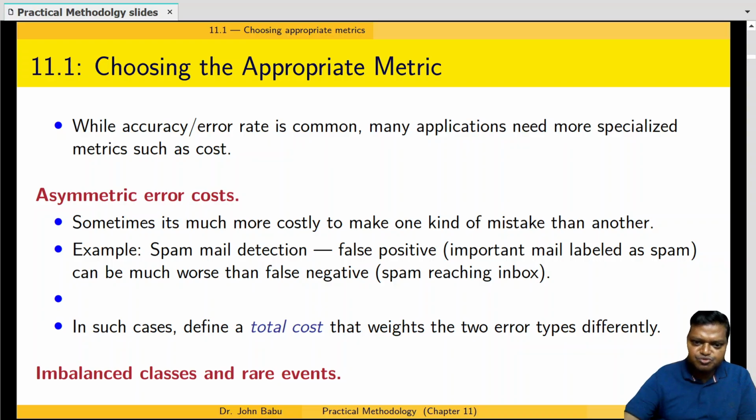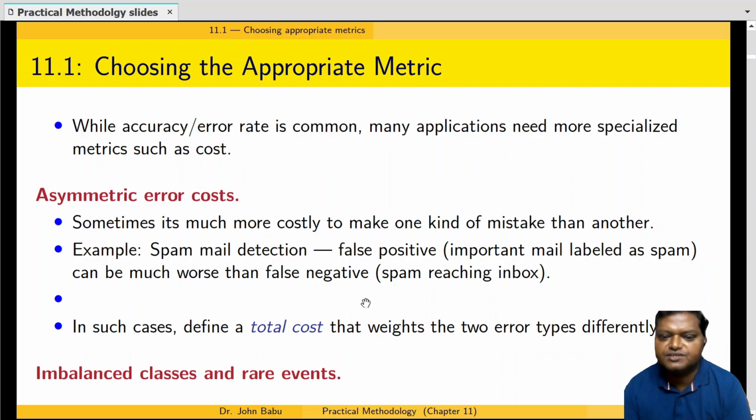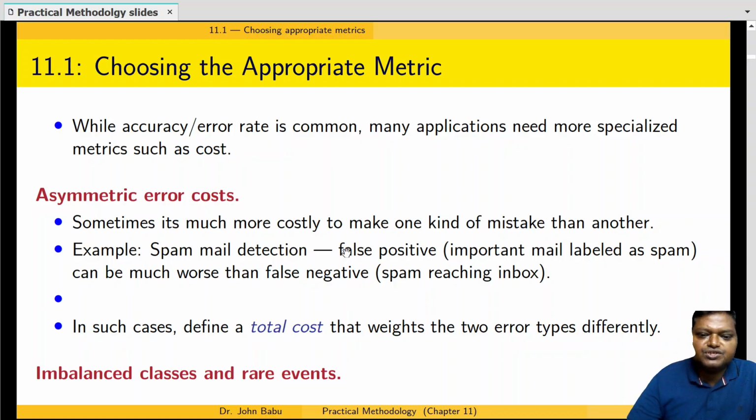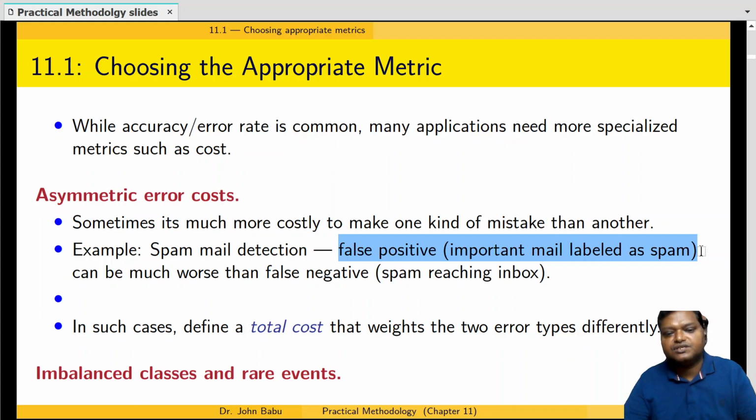So if you take these two, false negative is not much dangerous. Even if our system labels a spam mail as not spam, nothing much occurs. We may read it for once. But if your system sends an important mail, something like a job offer, your report card or an interview call letter, to spam, then there is a real problem.